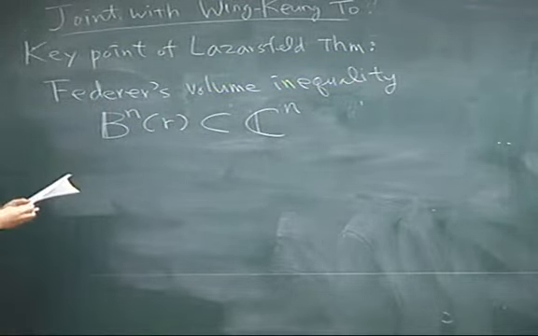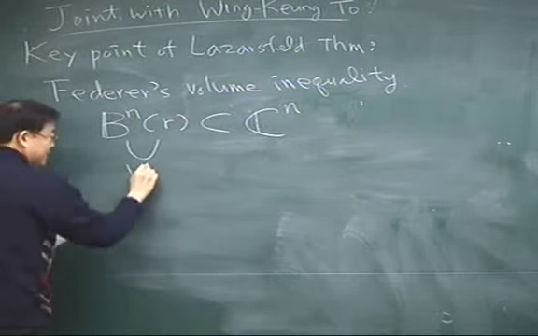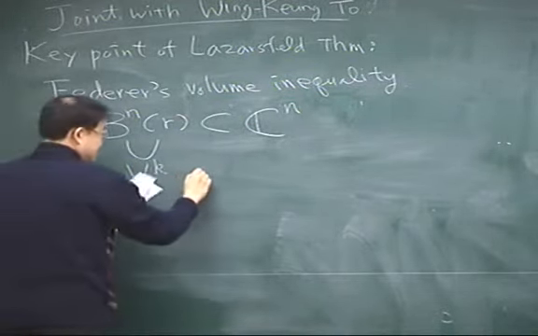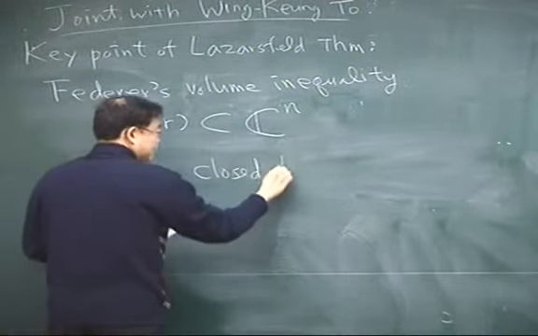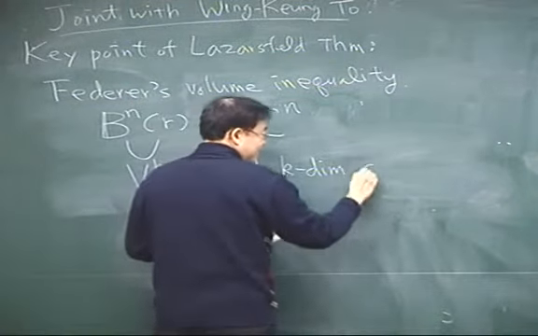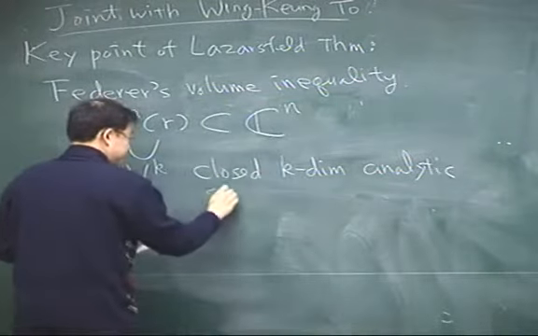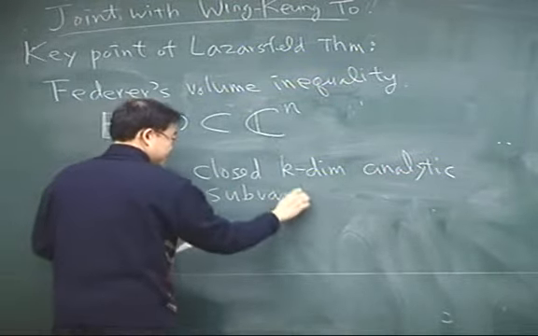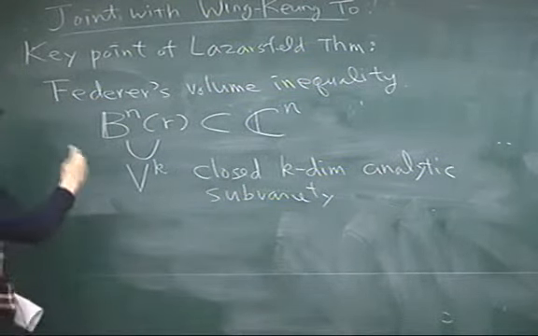This is a Euclidean ball, and now V_k is a closed k-dimensional analytic subvariety contained in the ball.